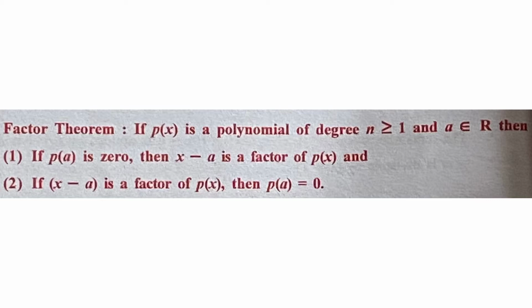And if x minus a is a factor of p of x, then p of a is equal to 0, which means that if x minus a is a factor of p of x, then p of a will be equal to 0. Or if p of a is equal to 0, then we can say that x minus a is a factor of p of x.